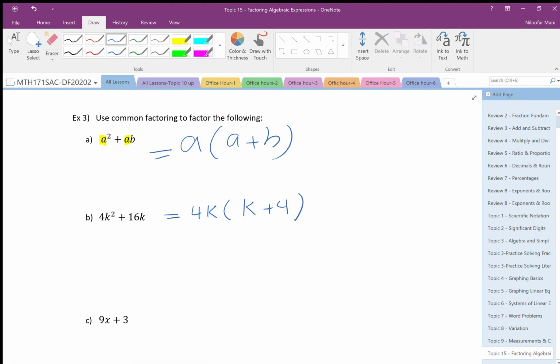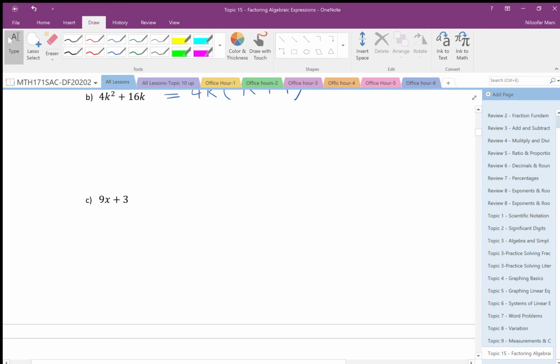Remember, if I multiply back, that can be my check. I have to see the same result. Next, what do I factor? Can I factor x? No, x is not in common. 3 is in common, so 3 multiplied by 3x plus 1.